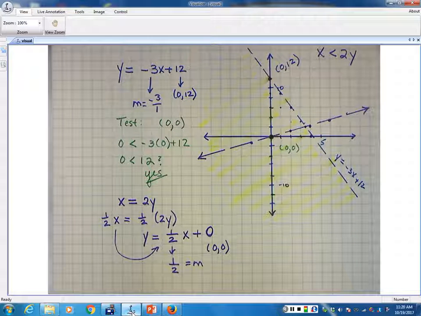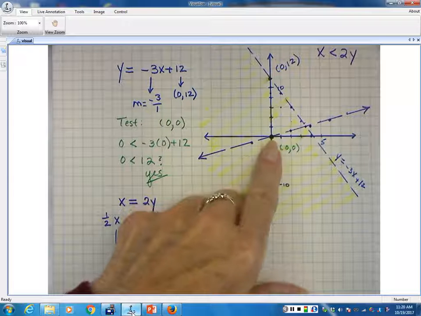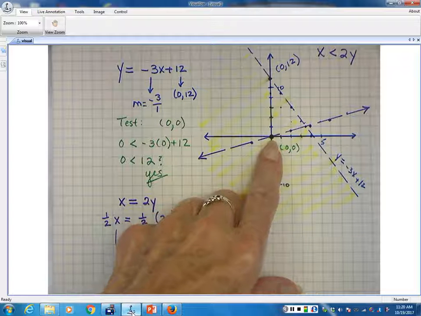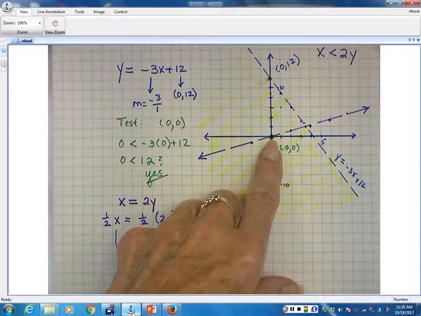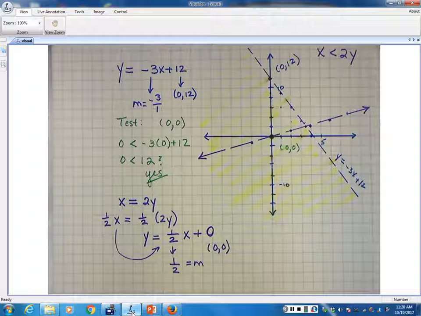Now, I need a test point. But can I use my old buddy 0, 0? If I use 0, 0, is it on one side or the other of the line, or is it on the line? It's on the line. So I can't use 0, 0. I've got to pick something else. Somebody pick me an easy point to test. 0, -1.